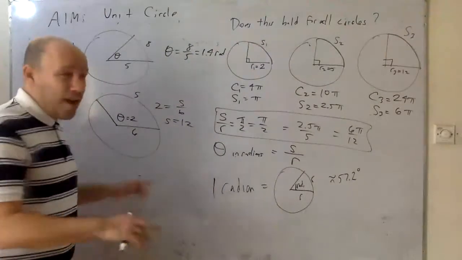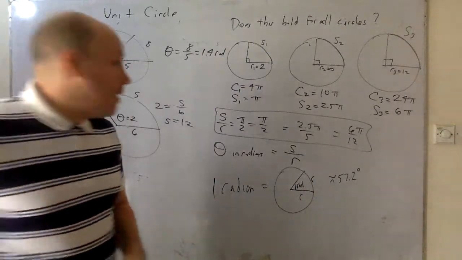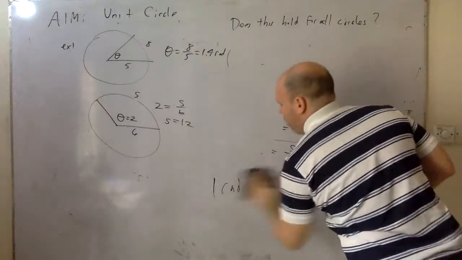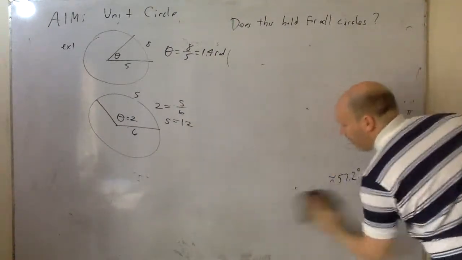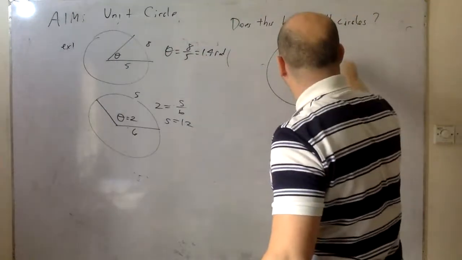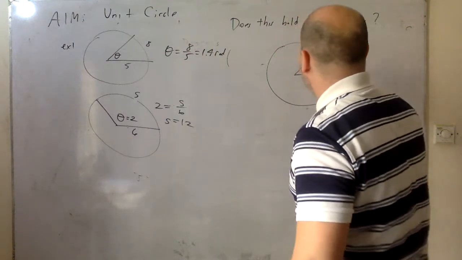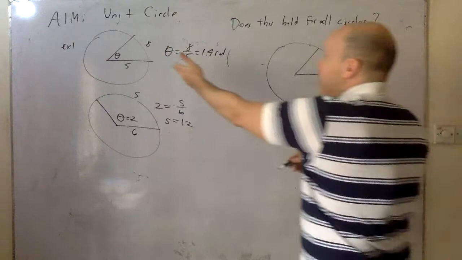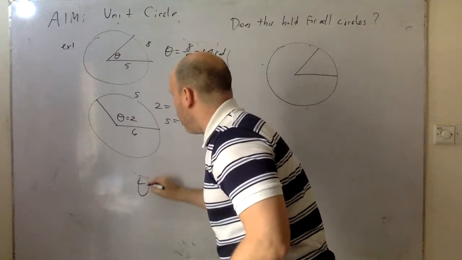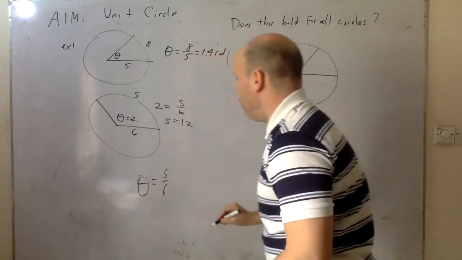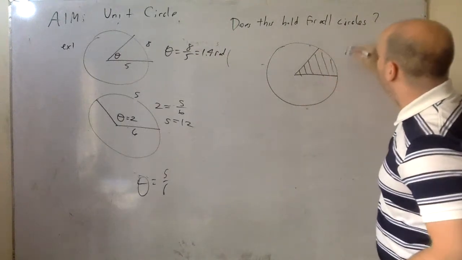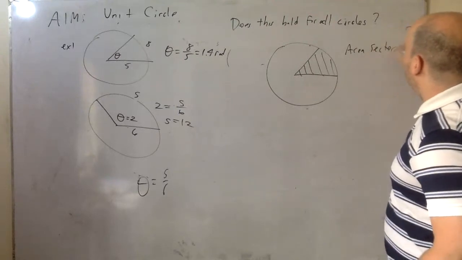Now, this is kind of cool. We can take the formula we came up with in the last class, because remember, I asked you to find the area of the sector.